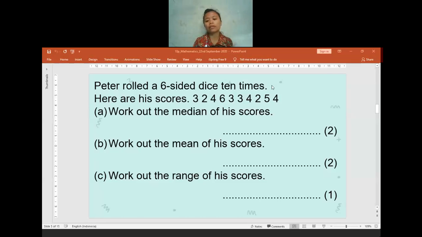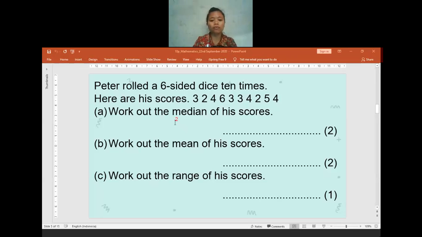Okay, correct. We have to reorder the numbers from the smallest to the highest. So thank you for already ordering it. It is median, not mean. If it were mean, we would have to add them all. For median, we reorder from the smallest to the highest, and then we find the middle one.